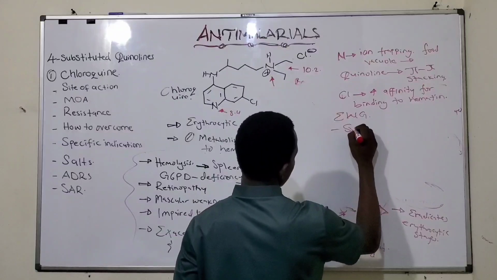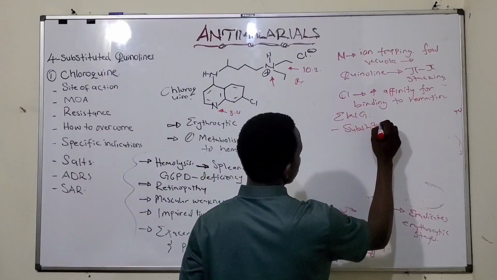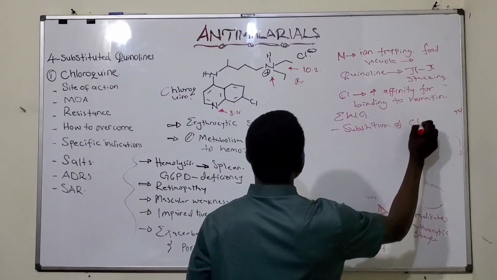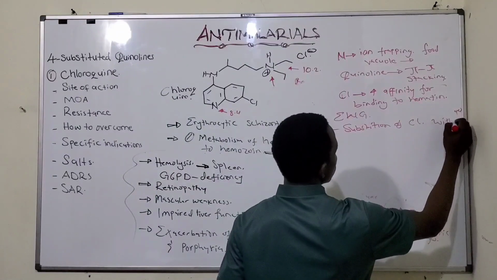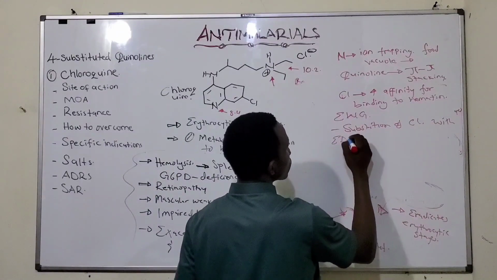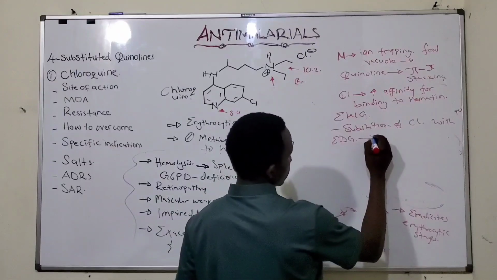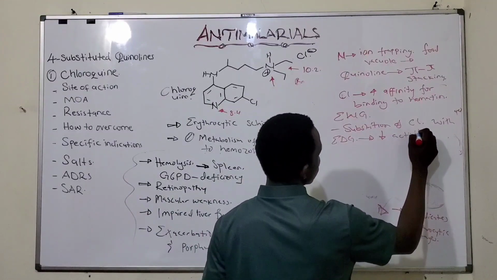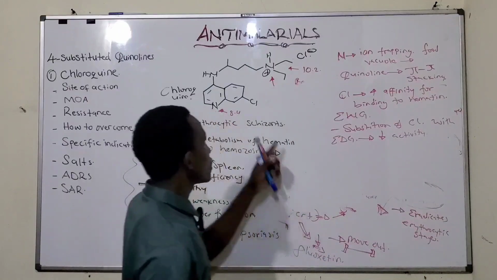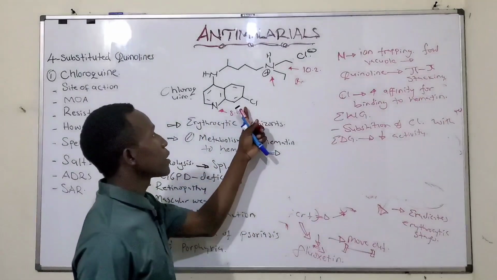Substitution of that chlorine with electron donating groups diminishes the activity. So it should be an electron withdrawing group here.